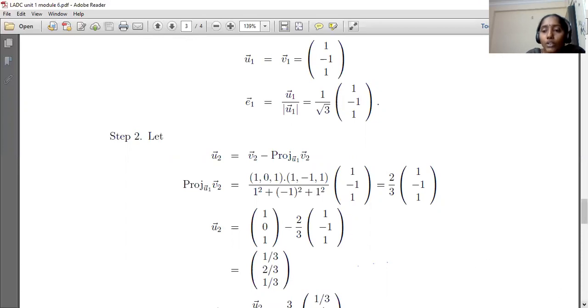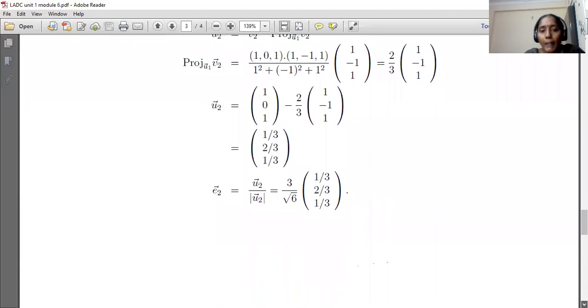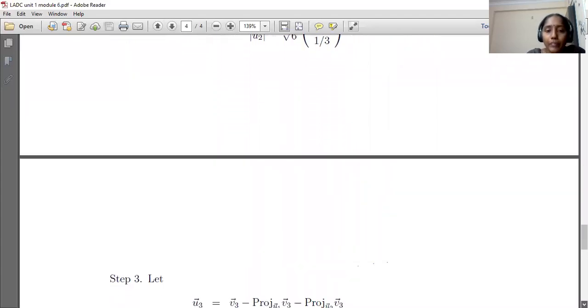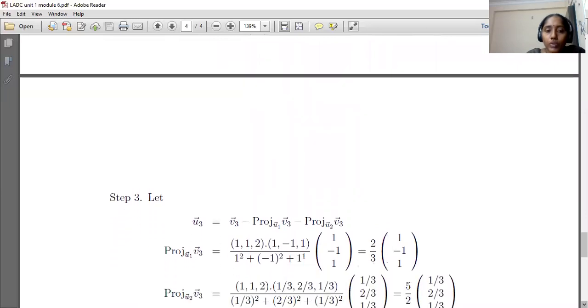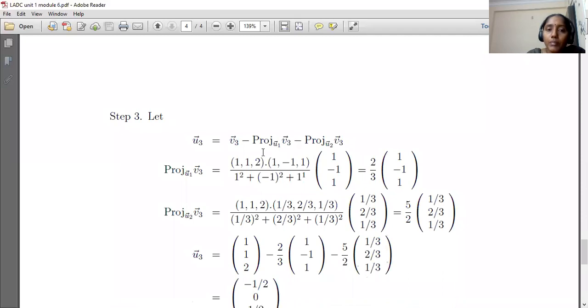Find the next orthogonal vector, which is perpendicular to U1 and also U2. U3 is V3 minus the projection of V3 on U1 minus the projection of V3 on U2.